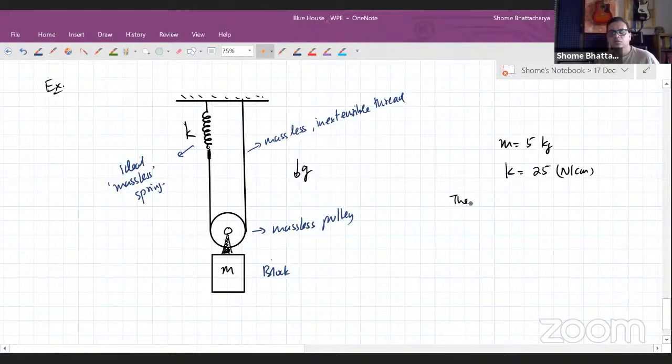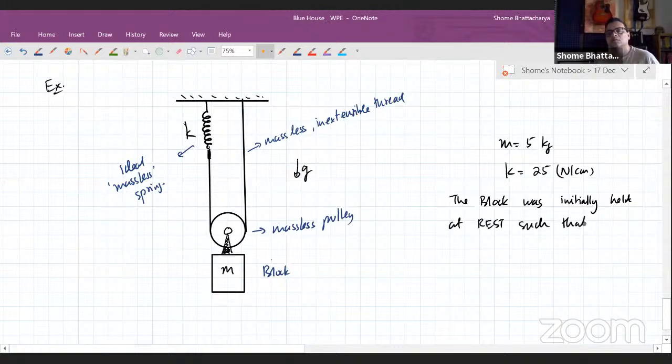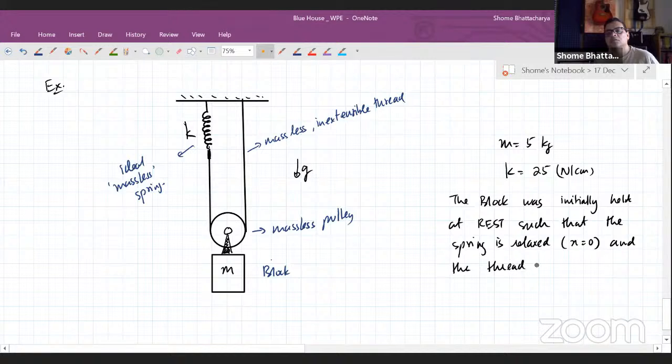Now the block was initially held at rest such that the spring is relaxed, or it's in a natural length state, and the thread is taut.